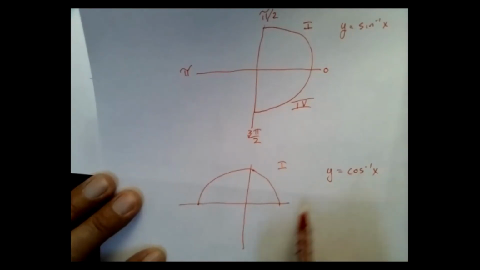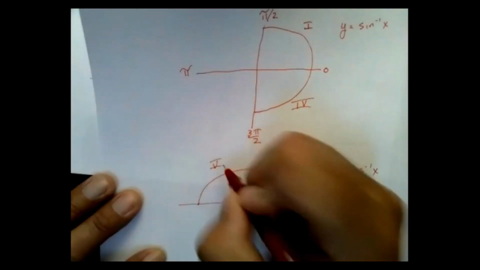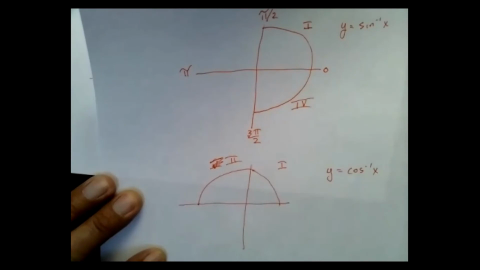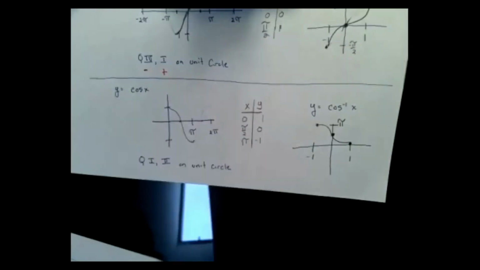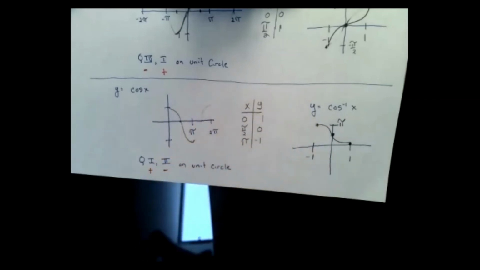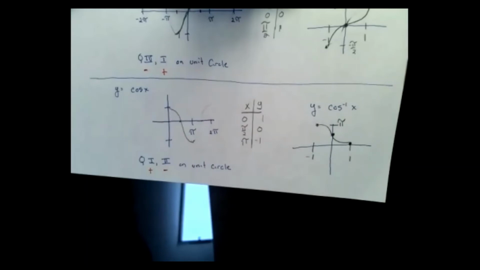This time, instead of the negatives being in quadrant 4, all of the negative values are going to be in quadrant 2. Going to make this make a little bit more sense later. All the positives are in 1. This time the negatives are in 2. And the reason I don't have all spiders taste crunchy is because remember I restricted my domain. So I wanted to spend a little extra time on this one.